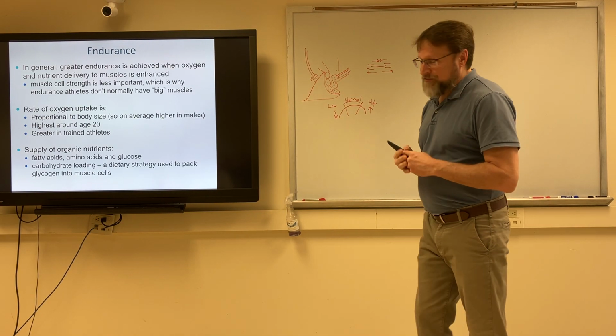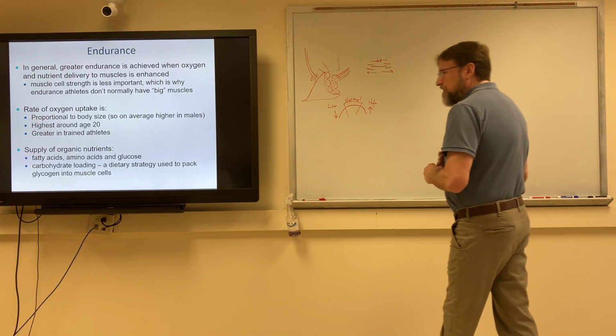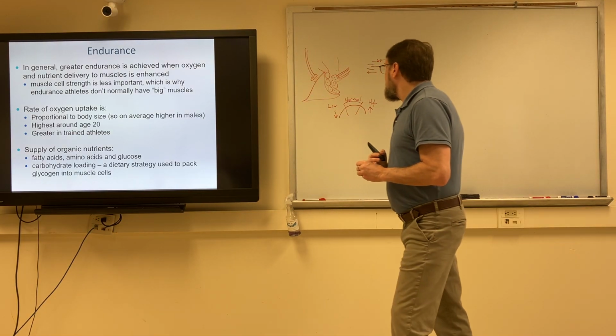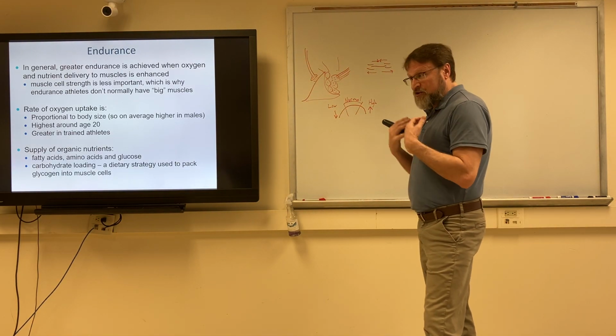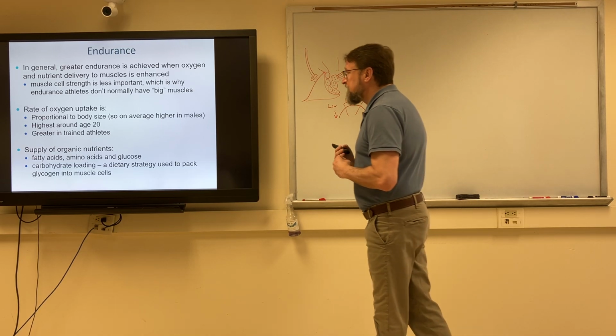We generally, as I mentioned about the size of the different athletes, we generally don't see an endurance athlete with jacked muscles. They're going to tend to be leaner, and they're using a very different mechanism, the oxygen mechanism, to give them much more power over time.